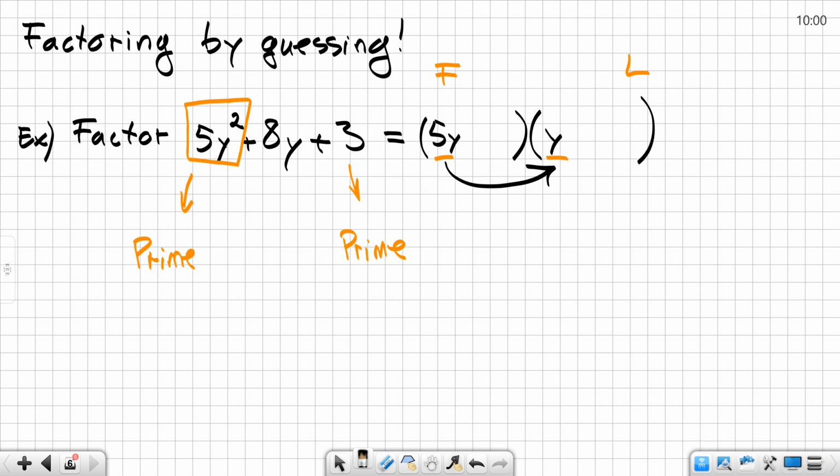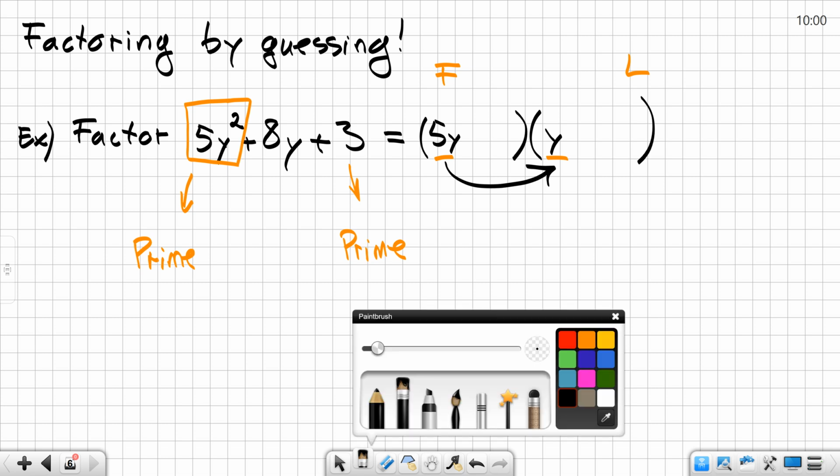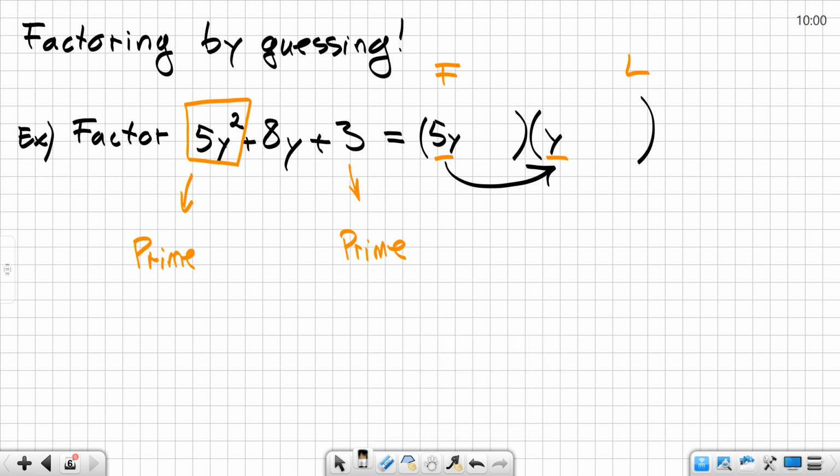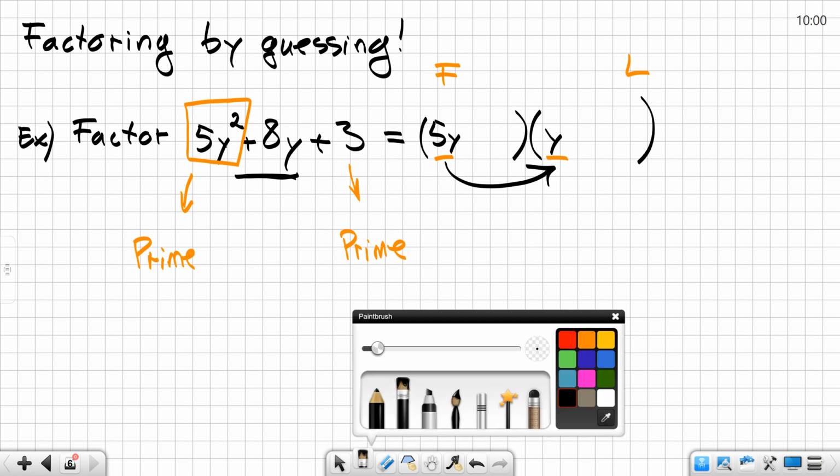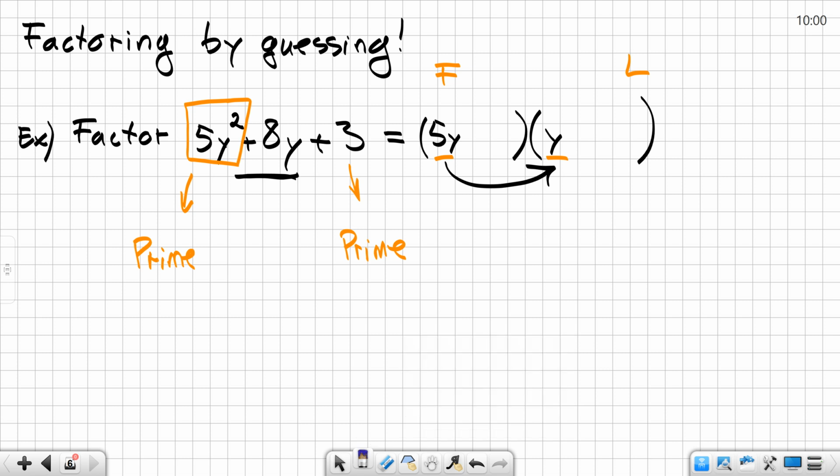Now the product of the last has to be 3. Now just because it is a prime number, there are really only two numbers that you can choose. 1 and 3. Technically, -1 and -3 are also working, but because of the middle term being positive, I only have to think about 1 and 3. Now, there are really two possible scenarios.